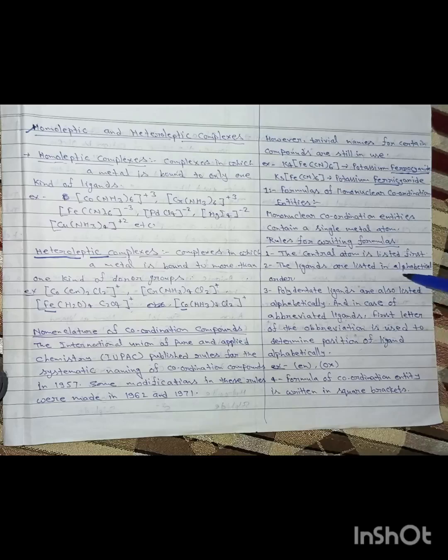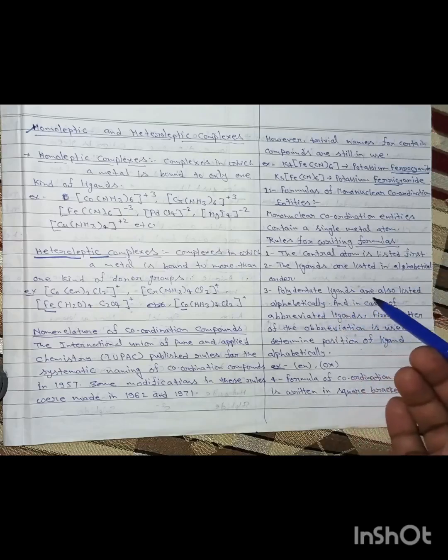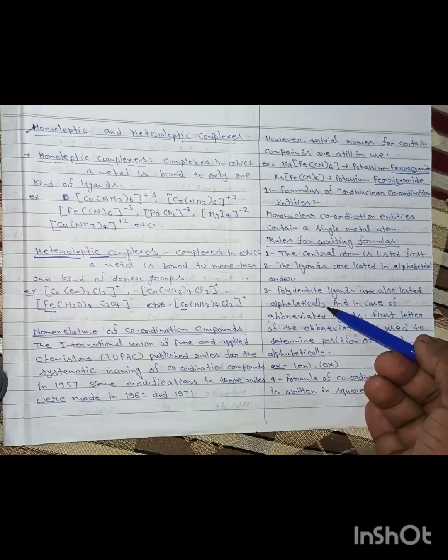The ligands are listed in alphabetical order. So whatever ligands are attached to the central atom, we will give their names in alphabetical order. Polydentate ligands are also listed alphabetically.